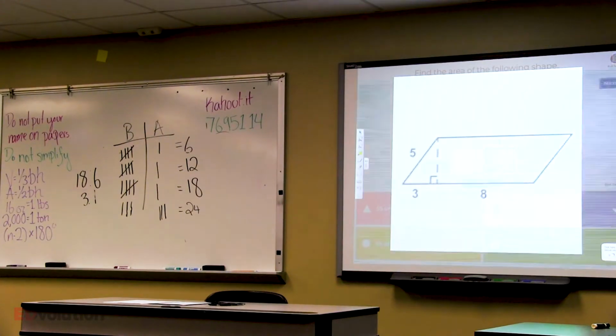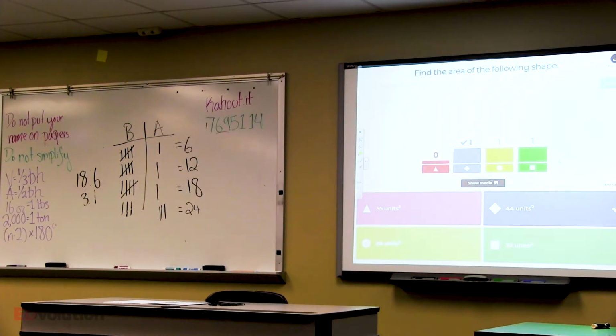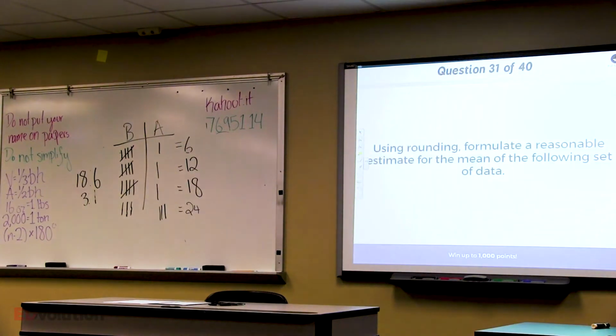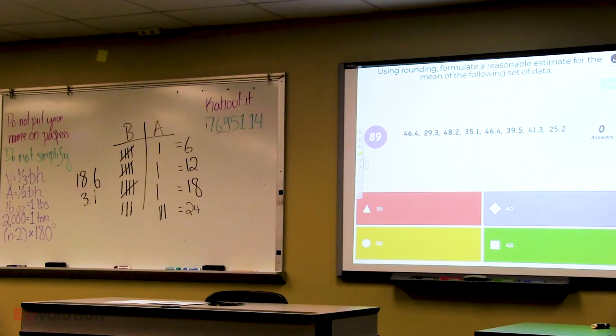And all the units here are squared, and we know that area is squared because it's only 2-dimensional. Using rounding, formulate a reasonable estimate for the mean of the following set of data.